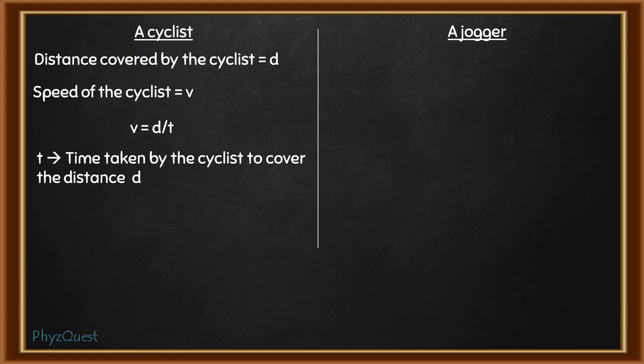Now let's consider the other person, that is the jogger. So the jogger covers half the distance of the cyclist. So now the distance covered by the jogger is equal to d prime. Since it covers half the distance of the cyclist, that means d prime is equal to d by 2.